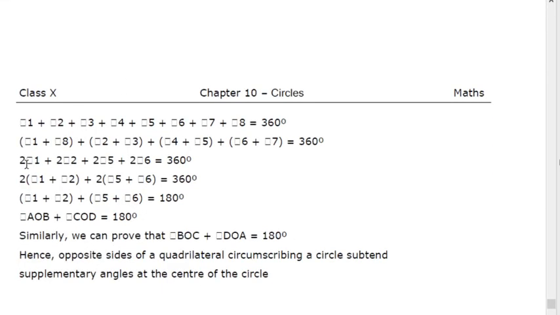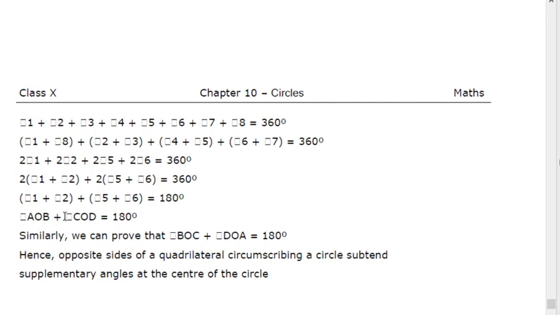Angle 2 and 1, 2 times, so you can take the common 2. This is the first line I have told you. After that you can take the 2 common, so you say angle 1 plus 2, and similarly here you take 2 common and 5 plus 6.